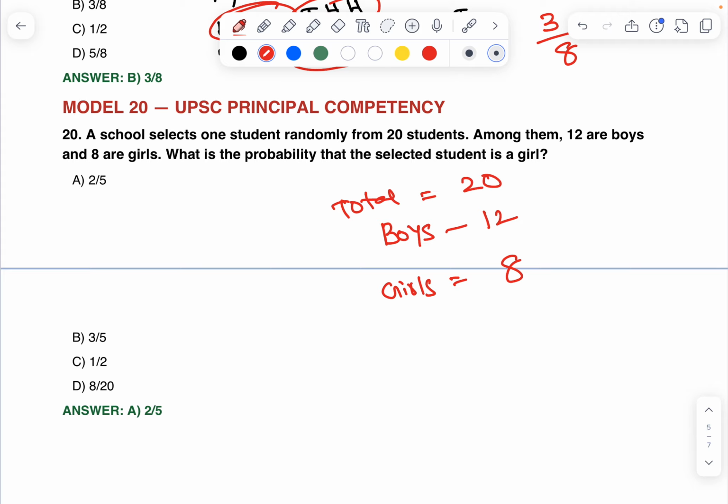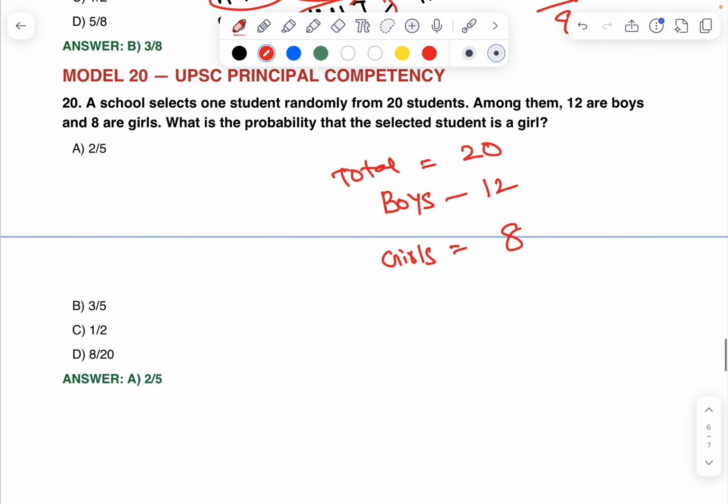Here they are asking the probability that the selected student is a girl. How many girls are there? 8. From the 8 we are selecting only one. Total 20. 8 by 20, that is equal to 4 2s are 4, 4 5s are 20, so 2 by 5 is the answer.